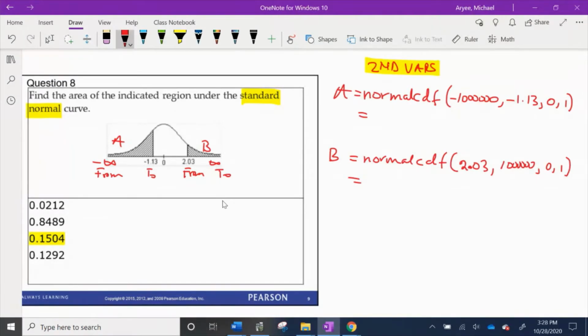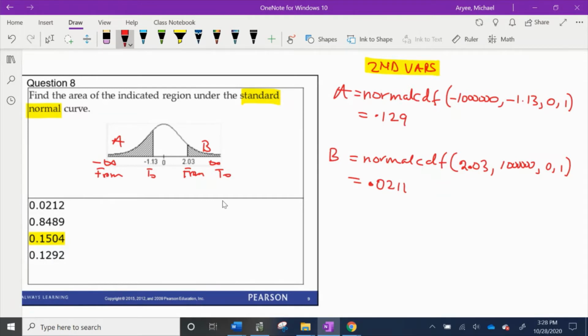Anyone? The first one is 0.129. We need 4 numbers. The second one is 0.0211, or if we're rounding, 0.021.